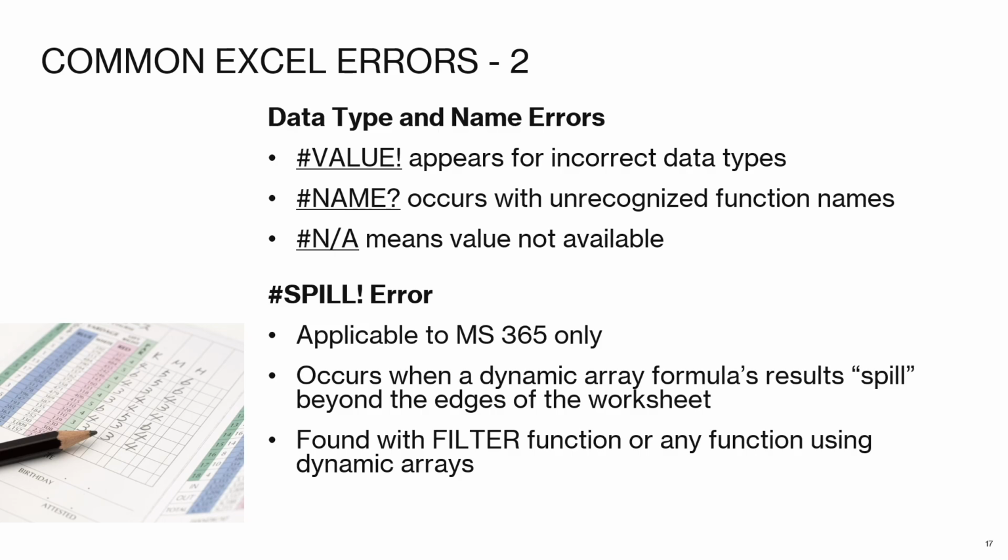The data spills into multiple cells. But if you have something blocking where that cell needs to spill into, then you get this spill error. There's a FILTER function, and there are other functions that use dynamic arrays. We're going to get into that more in chapter 4, but I wanted to at least introduce that this is another error that you might run into in Excel.